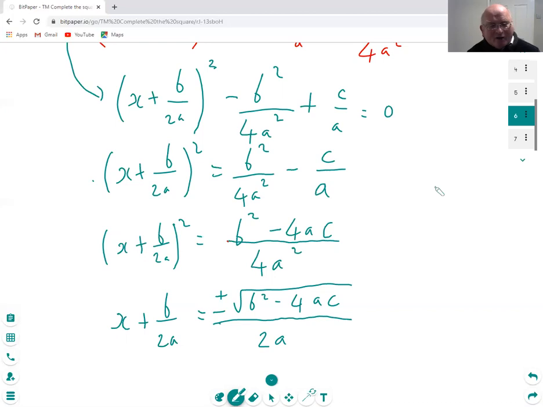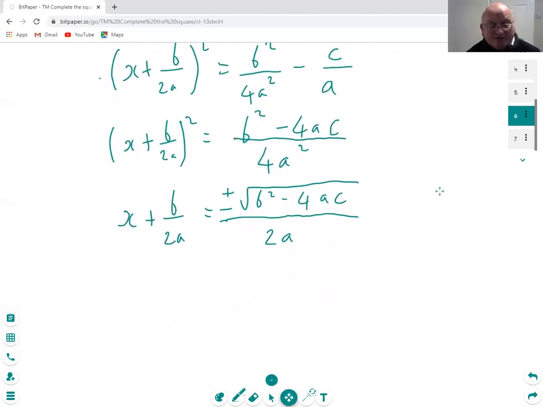Okay, so now we're going to move up a little bit more, and move that b over 2a to the other side. That becomes minus b over 2a.